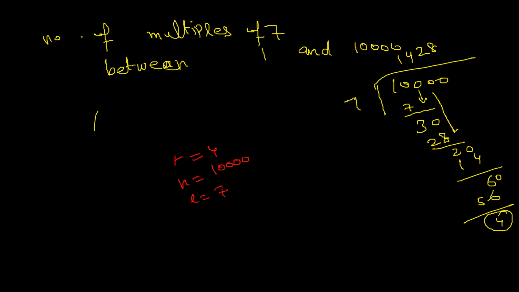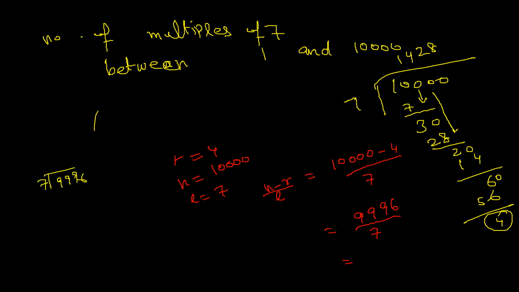So the number of multiples of 7 between 1 and 10,000 will be (n minus r) over L. Just plugging in, (10,000 minus 4) over 7, which equals 9,996 over 7, and we can divide it to get the solution. 9,996 divided by 7: 7 1s are 7, 7 4s are 28, 7 2s are 14, 7 8s are 56.